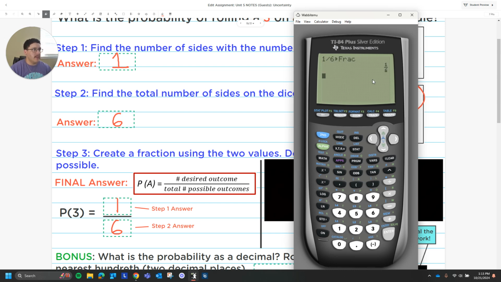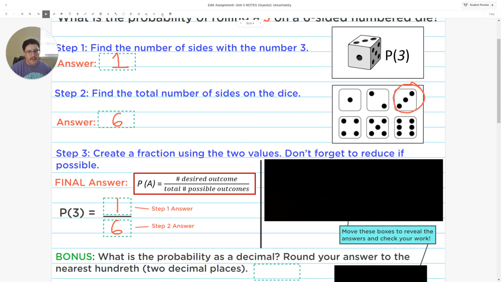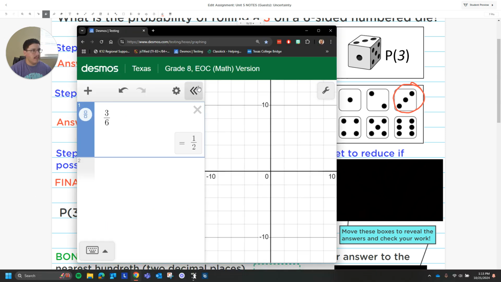Math, enter, enter, and then it gave me back 1 over 6. So it's already in reduced form. Same thing with Desmos. Type in 1 divided by 6. And then if the bubble thing was not clicked, make sure you click it. And it shows me a reduced fraction.